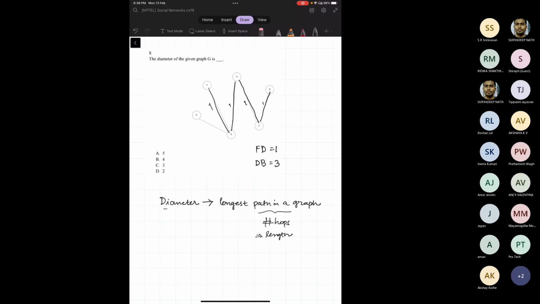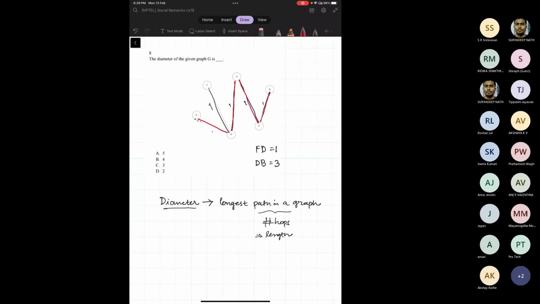Now for the diameter, we have to find the path which is the longest. If you look at the graph, consider going from E to B. You have to go E to D, D to A, A to C, and C to B. So how many hops is that?